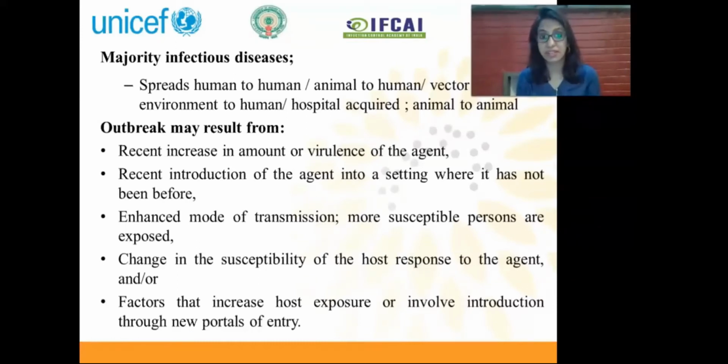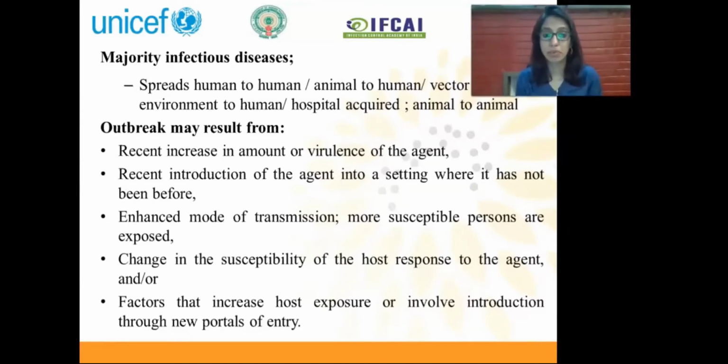But this newer strain, which is highly virulent, has caused a sudden increase in the outbreak, right? Or it is possible that there is a new agent which increases the transmissibility and the transfer of the disease, virus, or bacteria from one patient to another. If there is something like that, it can cause an outbreak.